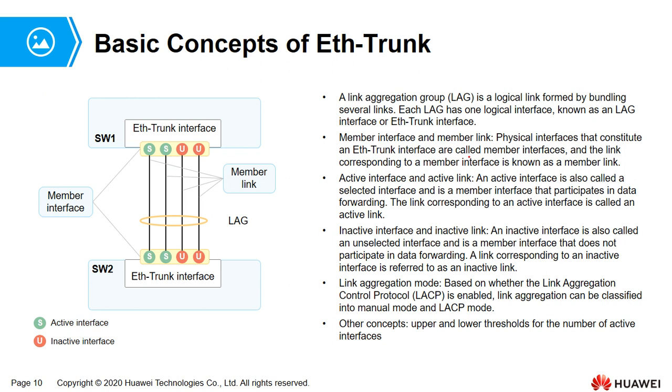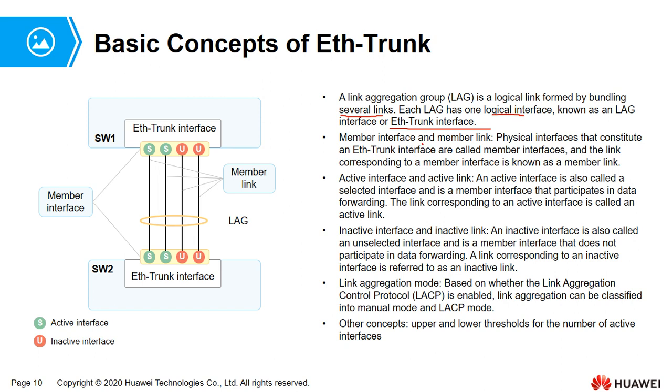Basic concepts of Eth-trunk. A link aggregation group is a logical link formed by bundling several links. Each group has one logical interface known as a link aggregation group interface or Eth-trunk interface.